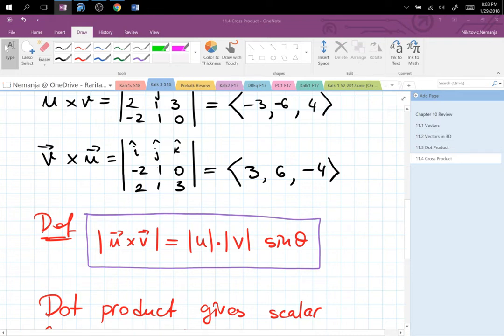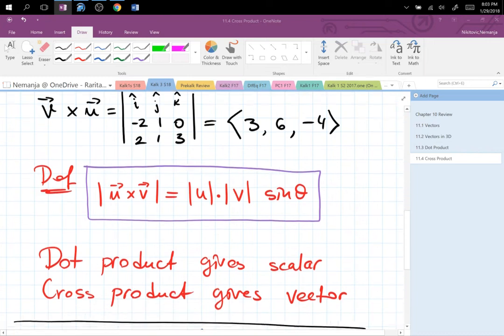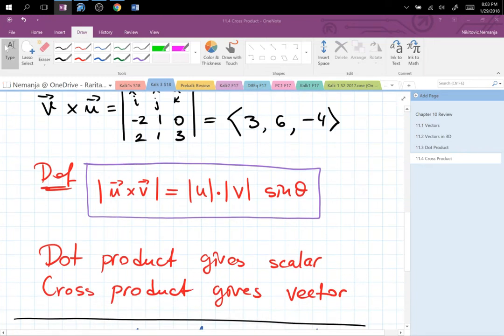So you can use either the dot product or the cross product to figure out the angle. I did not solve this for theta, but it's the inverse sine of the magnitude of the cross product divided by the multiplication of the magnitudes. And that gives it.